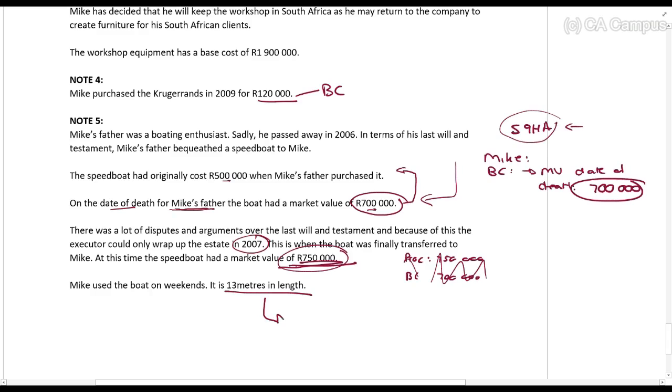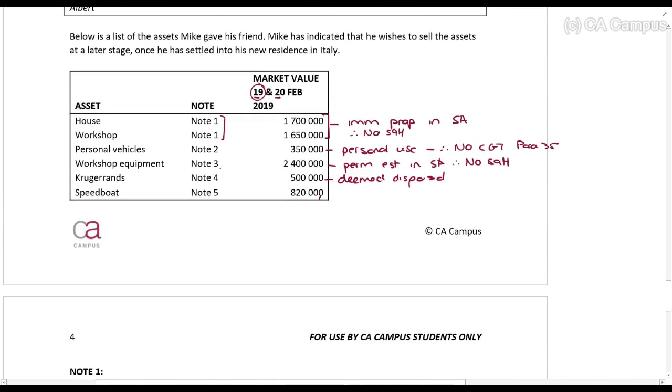Aha, so longer than 10 meters, so thus not personal use. So this means that this also is a deemed disposal. Alright guys, so up to there. In the next recording we'll start with part A, the required, and start answering it.